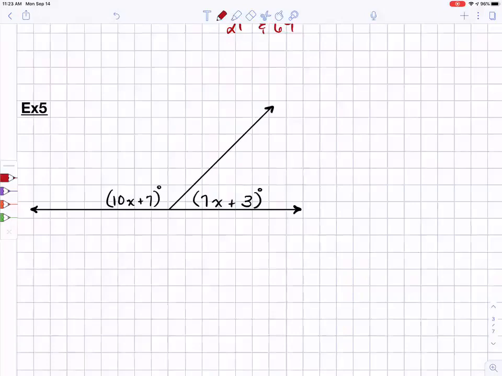All right, so you go ahead and find this one. Check it with somebody close by, see if you got the same thing.